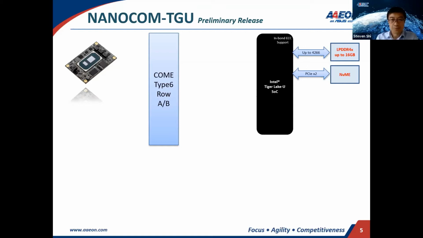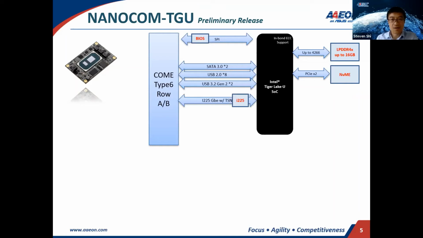So for the I/O side, it's still the same. It offers multiple USB interfaces, SATA interface, and 2.5G Ethernet connection for time-sensitive networking. And for the control I/O, it's the same. We also still reserve LPC with this Tiger Lake module.